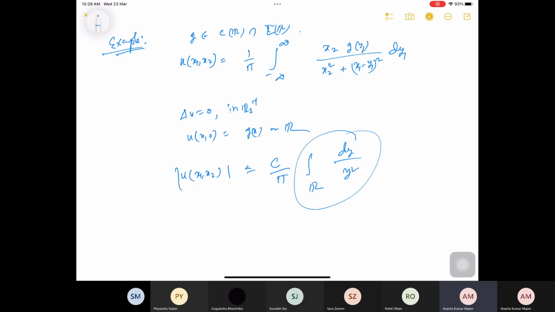So this is less than or equal to another constant, some c tilde by pi. So the solution to this Poisson problem for the n is equal to 2 case is bounded.